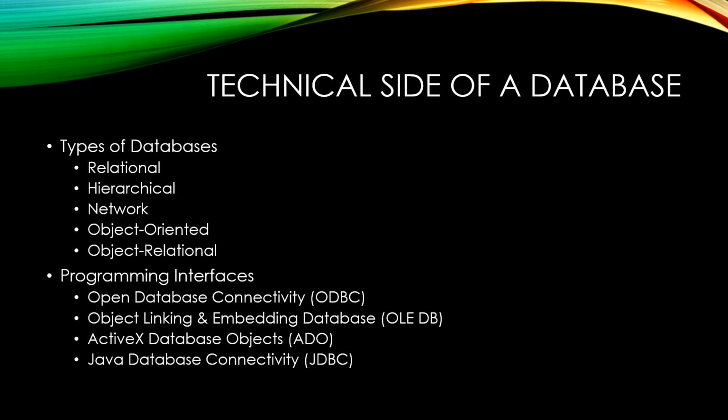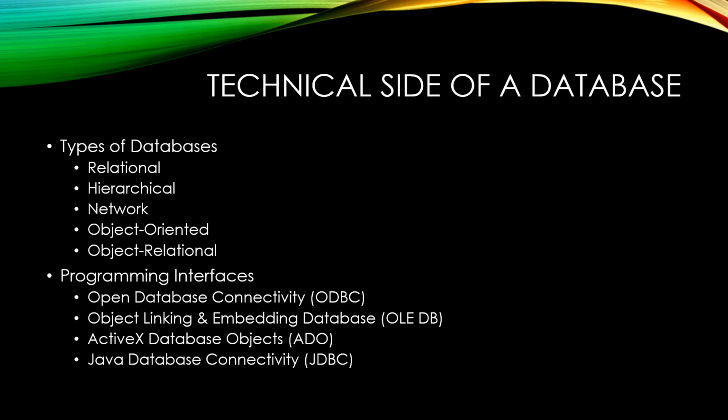Hierarchical databases were one of the first database models used, and they use a logical tree structure to format the data within the database. Network databases format their data using multiple parent-child records.